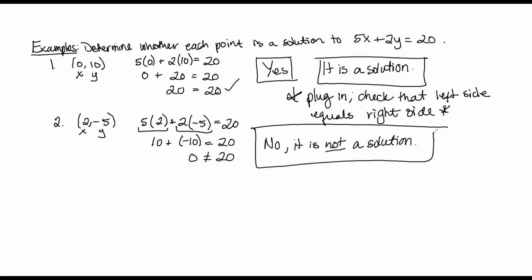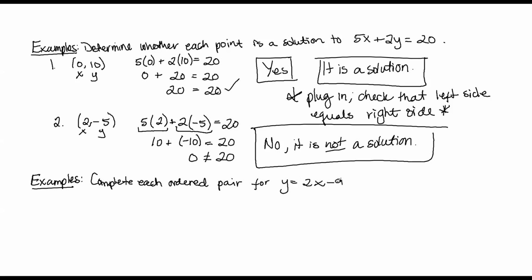All right, so that's if we're given an ordered pair and we want to see if it's a solution. Another type of question we could be asked is, given part of a point, what is the other coordinate? So if we're given the X or the Y, what is the missing part? So we want to complete each ordered pair for Y equals 2X minus 9.